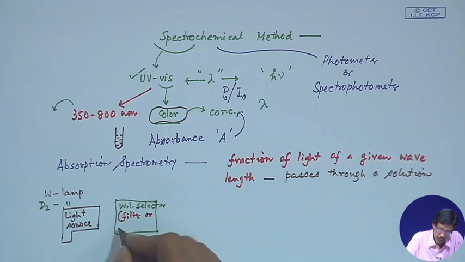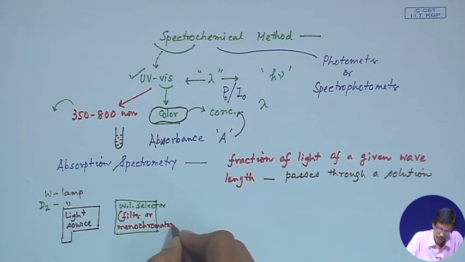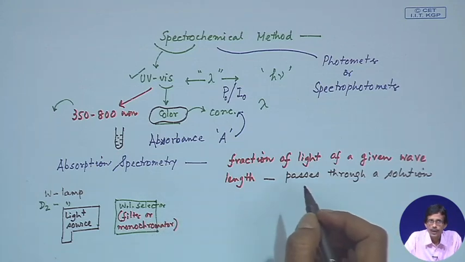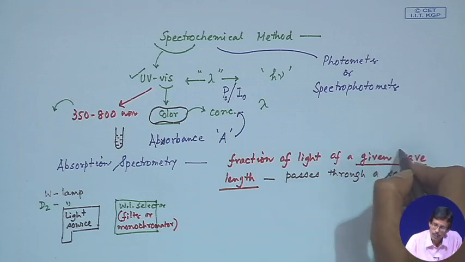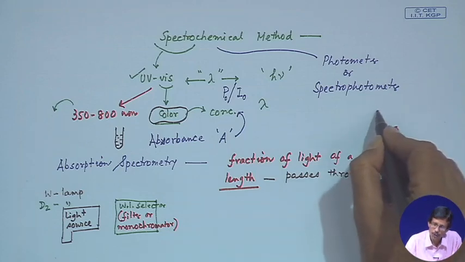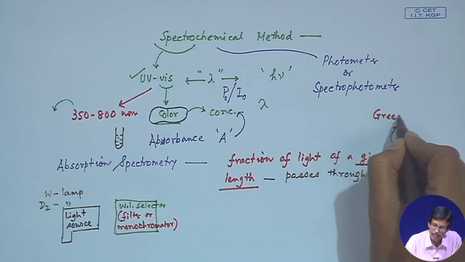or a monochromator. What is its function? As I told you, for a given wavelength, we will be interested to know that particular wavelength; suppose this particular wavelength is for your green light.